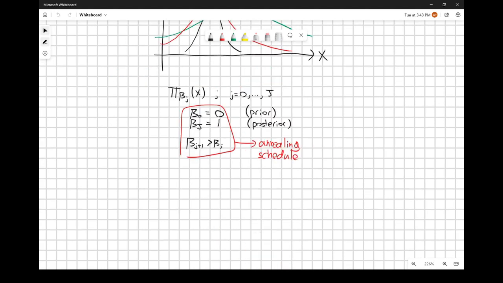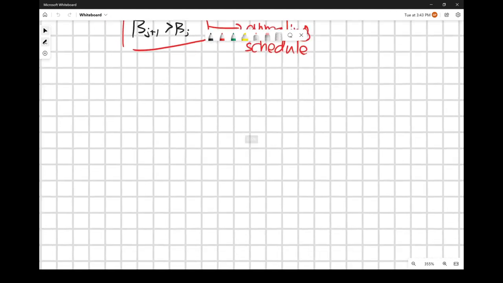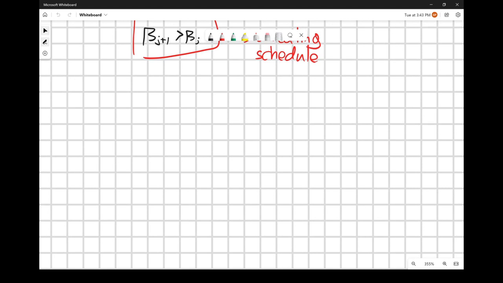Okay, so now we're going to talk about how we might adaptively choose this annealing schedule while our sampling algorithm is running. And we're going to focus on something that's importance sampling based, like for example a sequential Monte Carlo sampler. So when we start off, we've got beta 0, initial beta is equal to 0, and so we're therefore just sampling from the prior.